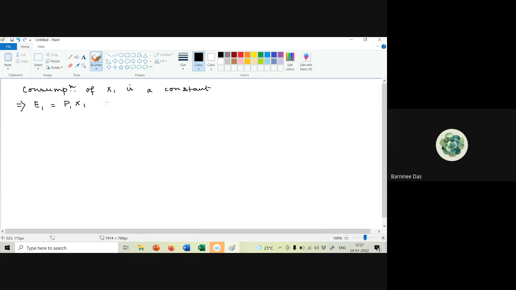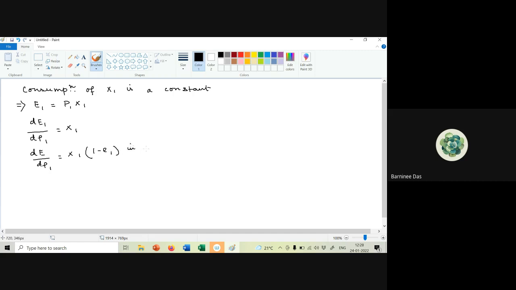Then dE by dP1 will be equal to X1, because X1 is a constant. And also we have dE1 by dP1 equal to X1 into (1 minus E).